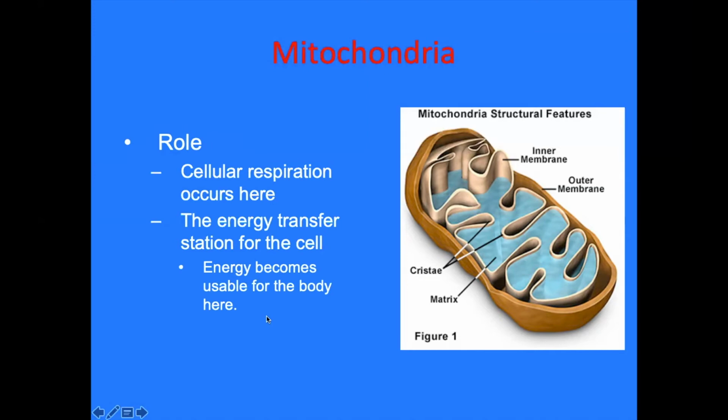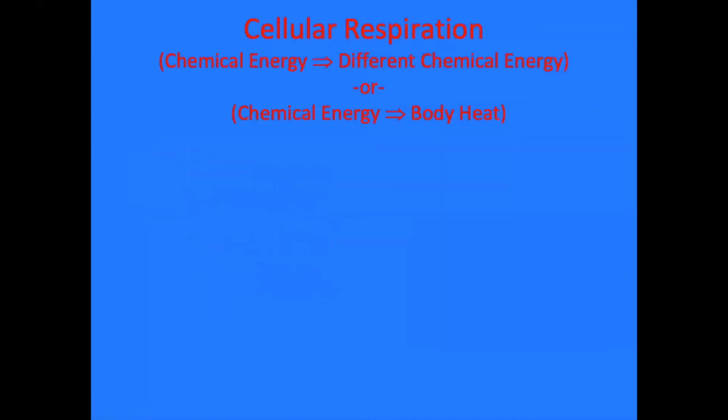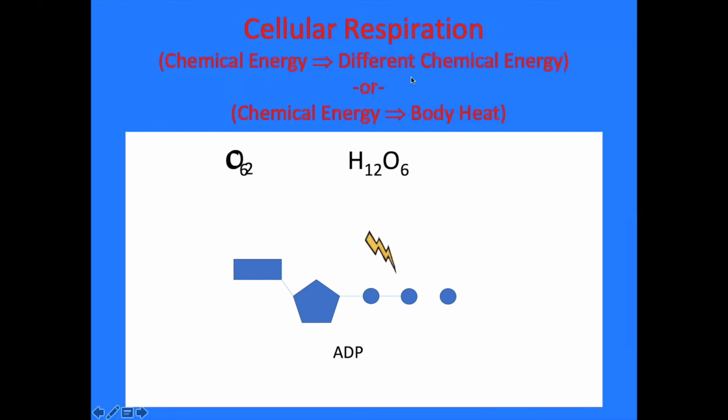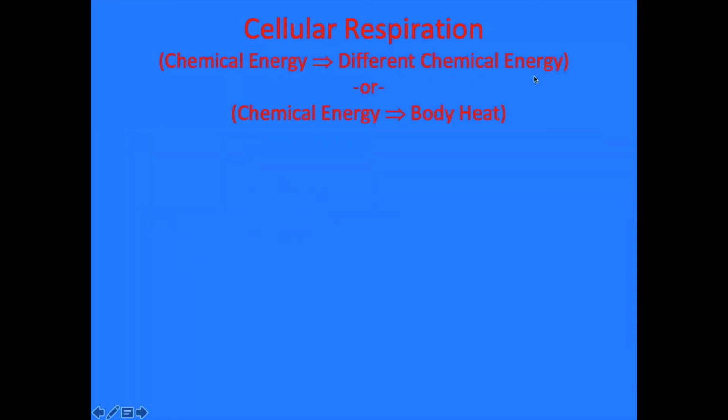Right? Energy that's in the glucose will transfer to ATP so that we can use it for our body. So cellular respiration, 2 different things are happening here. The chemical energy in glucose becomes a different chemical energy in ATP. Or that chemical energy becomes body heat. Right? One or the other.